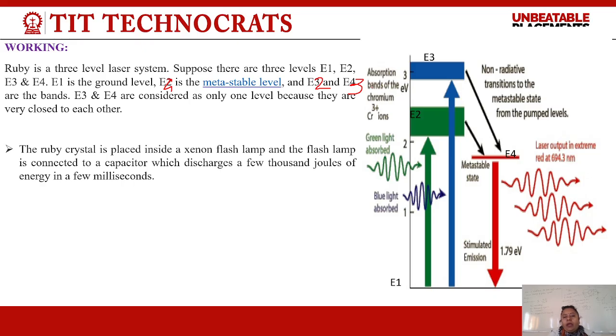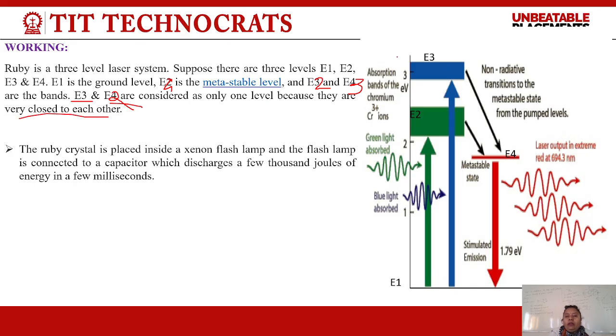So E2 and E3 are the bands, and this one is our E3. And what is E4? Yeah, we can replace 4 by 2. Okay. So you have seen here E3 and E2 are considered as only one level because they are very close to each other.